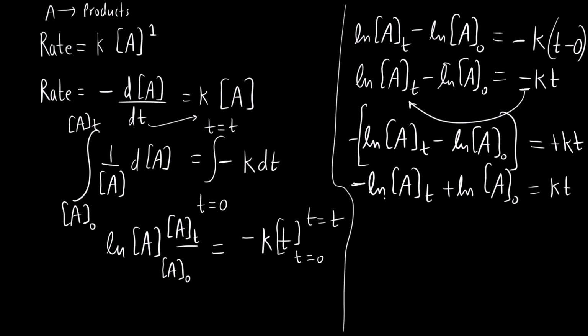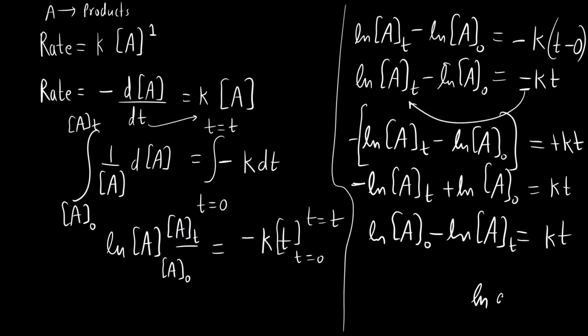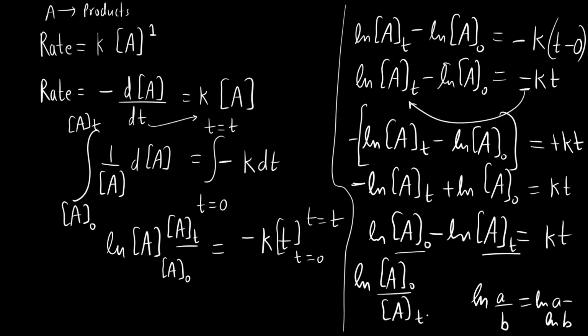This I can rearrange as ln A0 minus ln At. What is At? It is the concentration of the reactant after time t. Now if you remember this log expression, ln of A by B is ln A minus ln B. So I will write ln of A0 by At is equal to Kt.